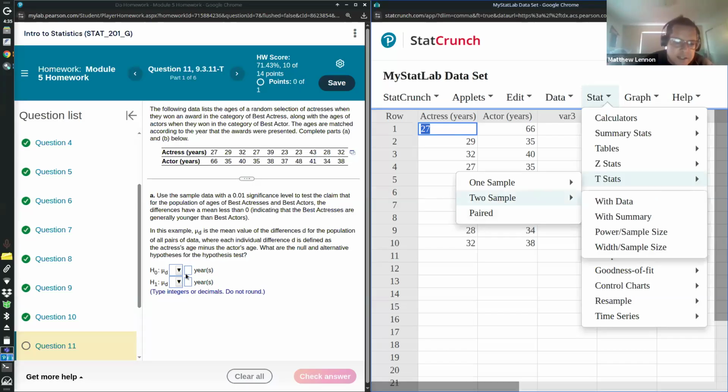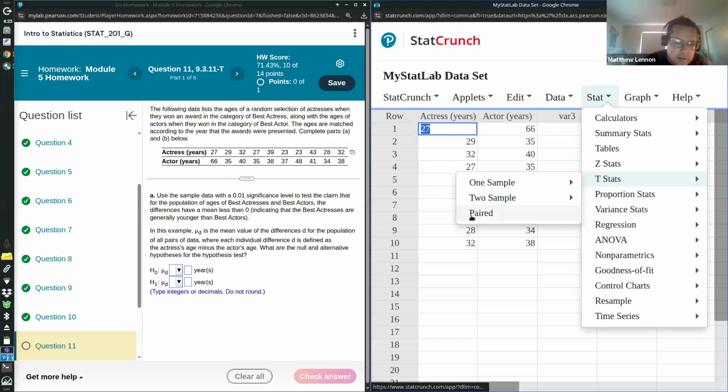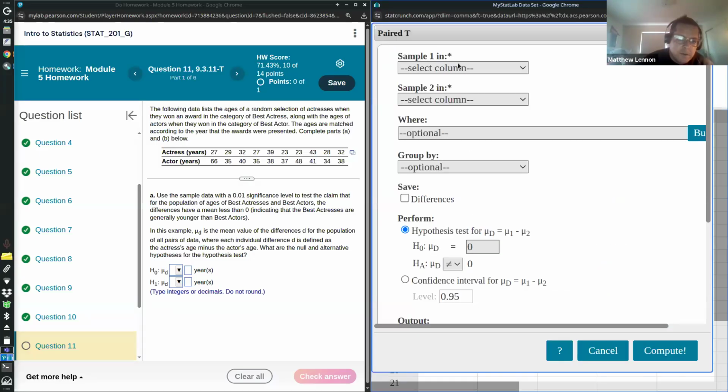Another indicator is that if it has mu d like this, that means paired. So we just drop down actress column 1, actor column 2. Then we have to look for the claim. Is it saying greater than, less than, or just different?